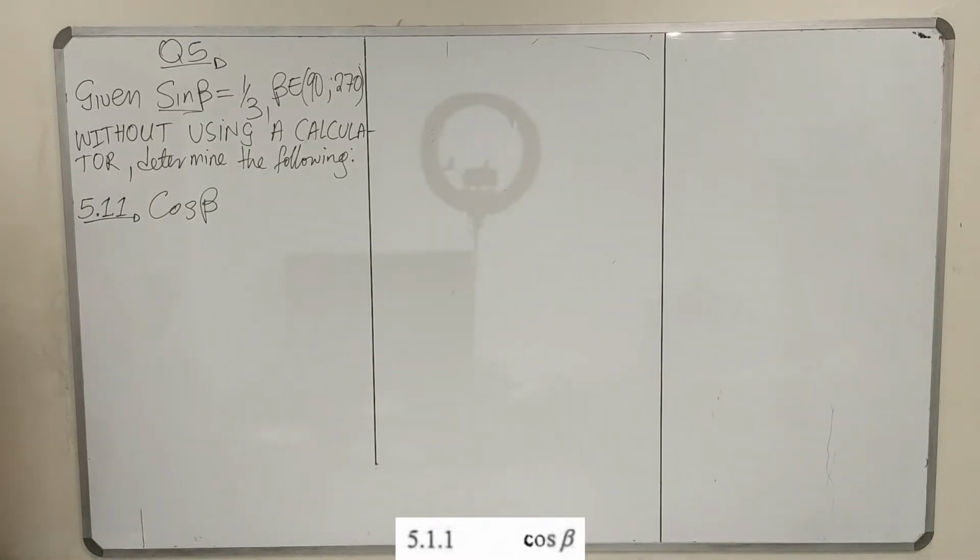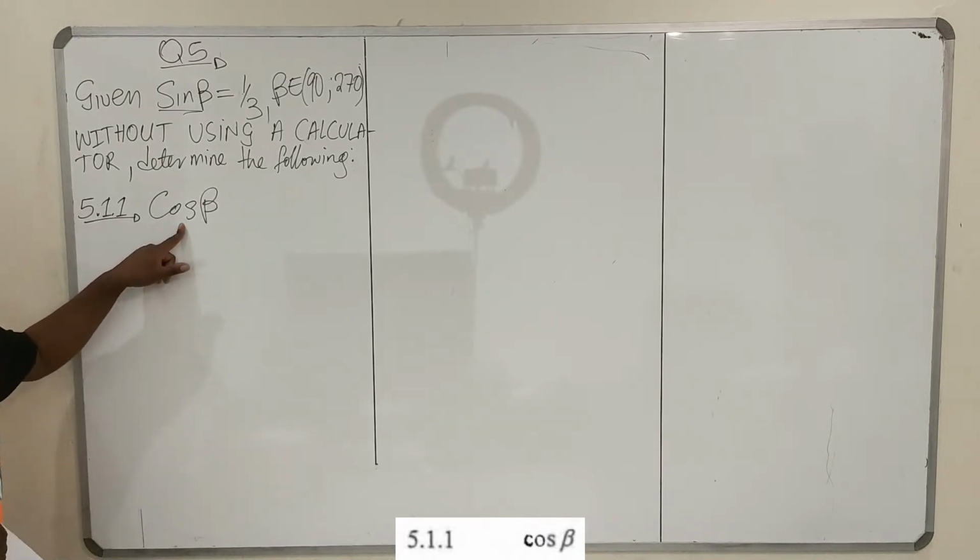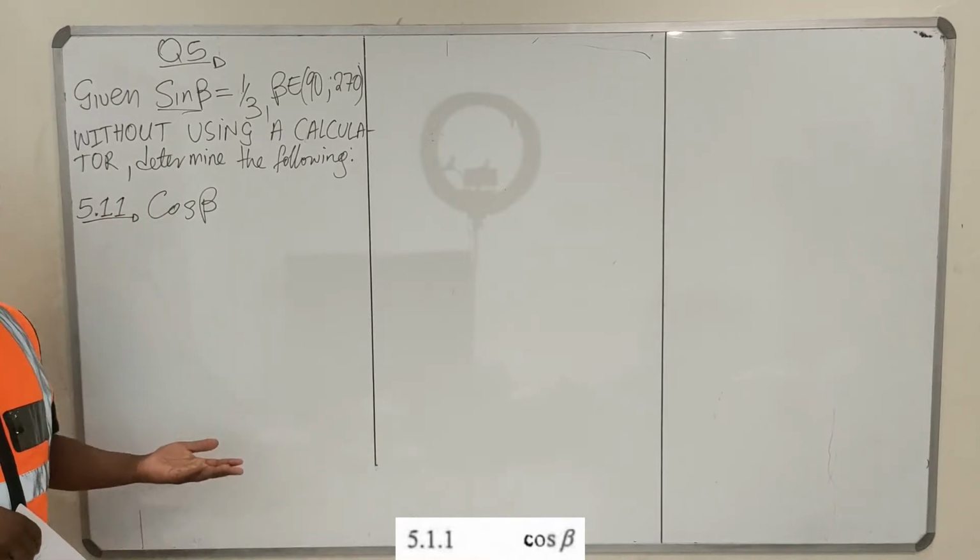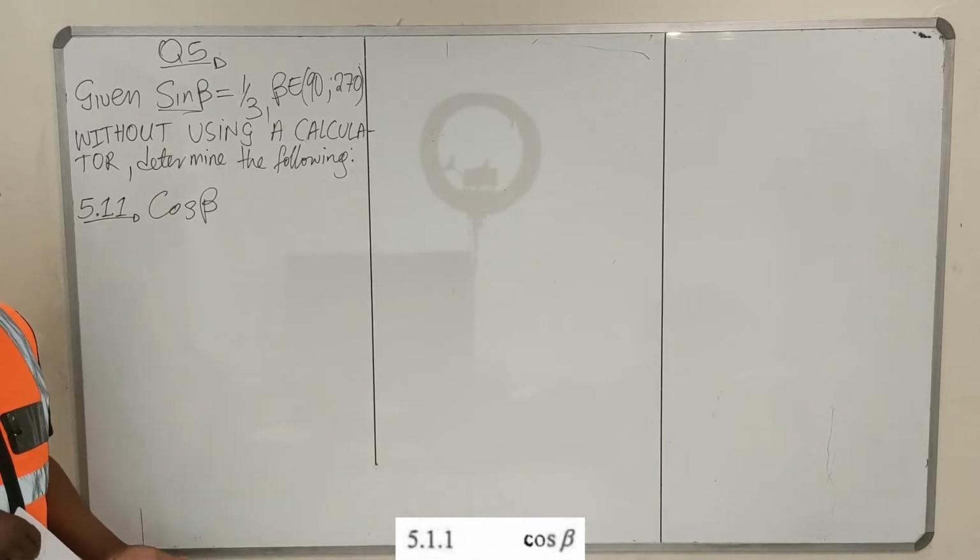That's what you're told. So, what do they want you to do? They want you to find the value of this without using a calculator. So it is not very easy to find the value of cos beta or any of the other things that you'll be asked without a visual representation, right?